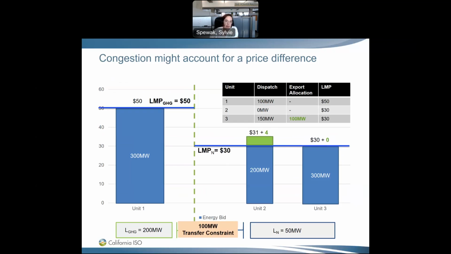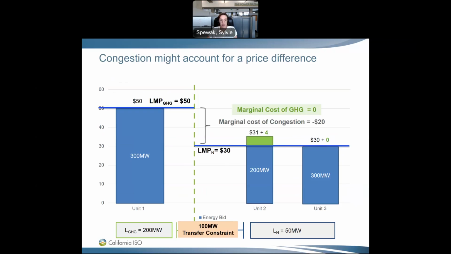And this creates a price difference. This is the same resource as before, and we're still meeting load at least cost in a way that both the GHG and the non-GHG area agree with. So there's no divergence in GHG preferences here, but we get price separation, and that is due to congestion.